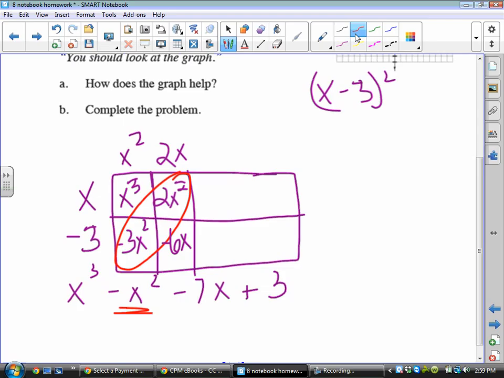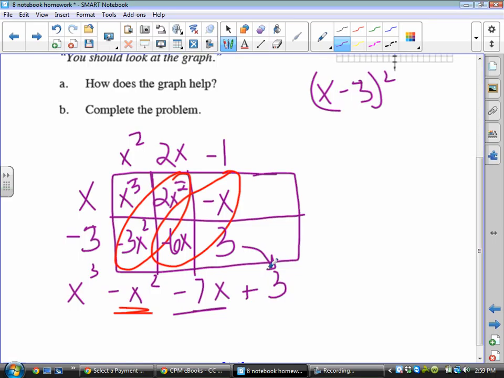Now I multiply the top 2x times this negative 3 to give me negative 6x. Next I know these diagonals are going to have to give me a negative 7x, so I need another negative x in here. So x times what gives me negative x, negative 1, and negative 1 times negative 3 gives me positive 3, which was supposed to be here. So that means it is a factor since there is no remainder.